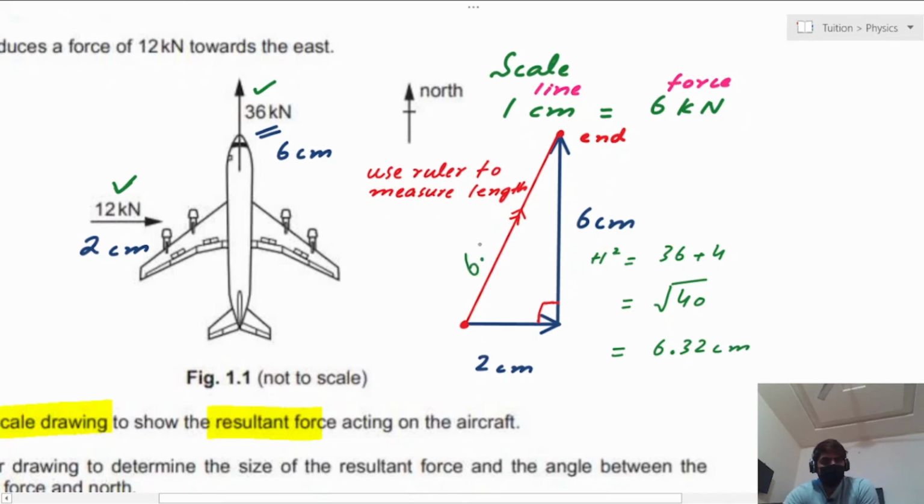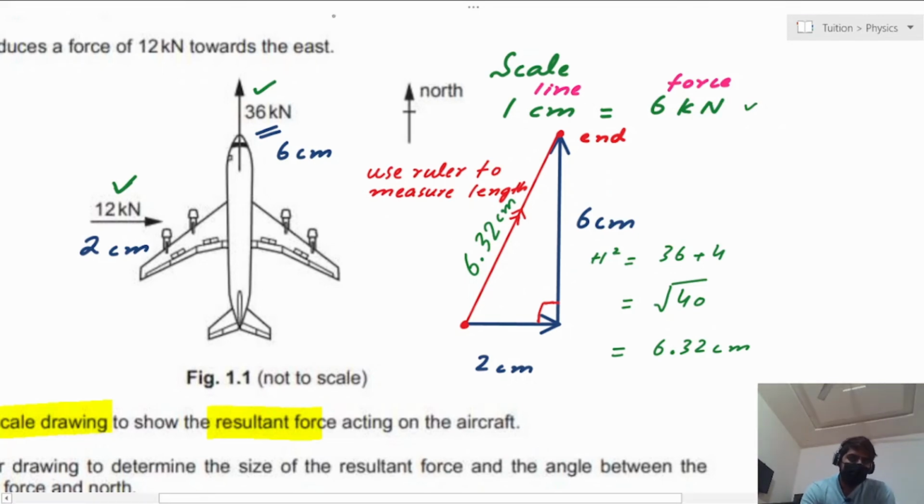So now let's say I measured this line with the ruler, and the length of this line is 6.32 centimeter. Now the next thing is, if the length of this line is 6.32 centimeter, how many kilonewtons does that correspond to? Now you have to go back to the scale. I said if I have a line of 1 centimeter, it would be 6 kilonewton. If I have a line of 2 centimeter, it would be 12 kilonewton. If I have a line of 3 centimeter, it would be 18 kilonewton.